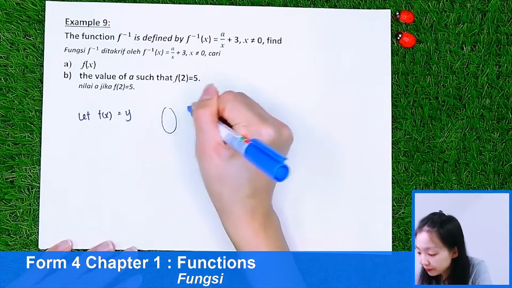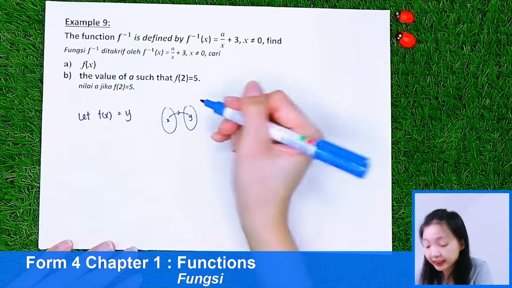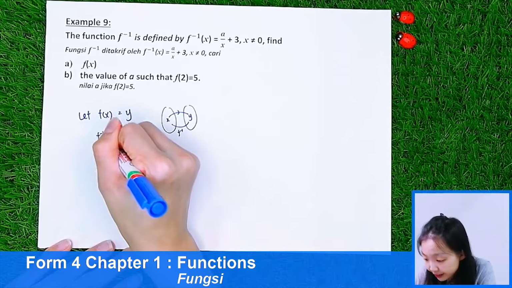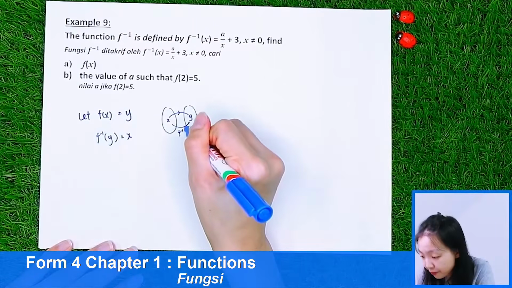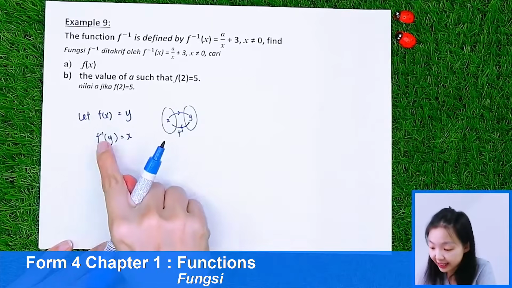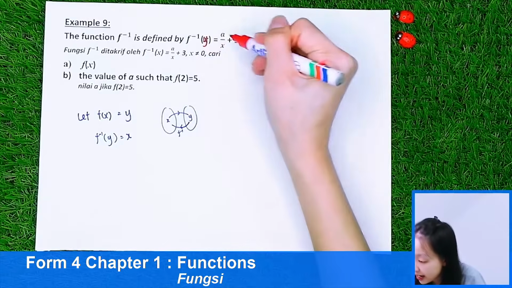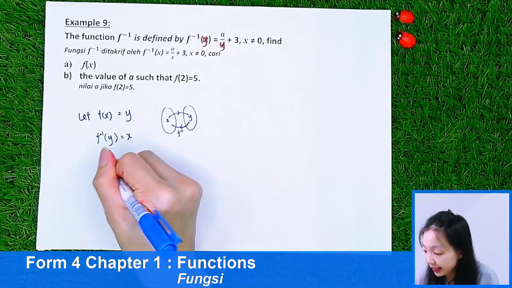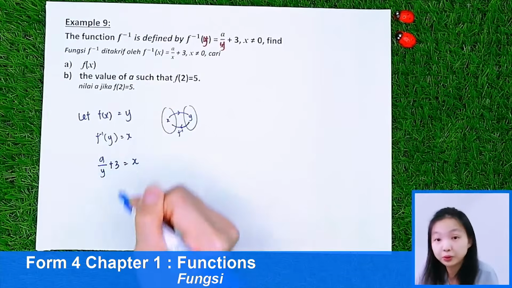So, you see? x, y. Okay, f(x) is equals to y. So, f inverse will be y, x. Mapping from y to x. Okay, f inverse y. I will substitute here become y. It will be a over (y plus 3) is equals to x.